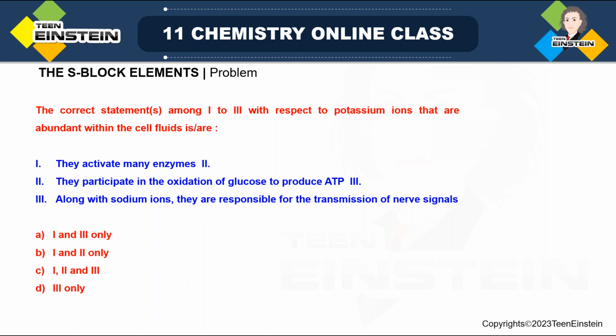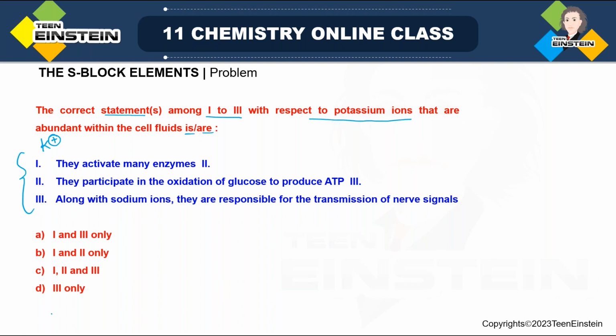Next problem. Correct statement or statements means maybe more than one. So you can see there are a total of 3 statements, 1, 2, 3, with respect to potassium ion. All these 3 statements are related to K+ that are abundant within cell fluids, is or are, depending on whether it is a single statement.